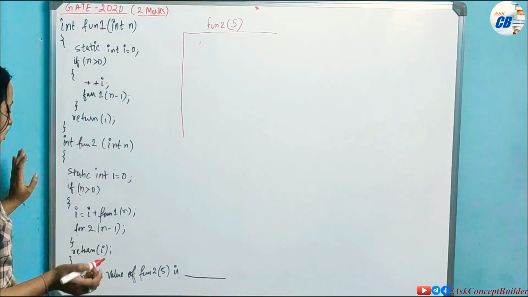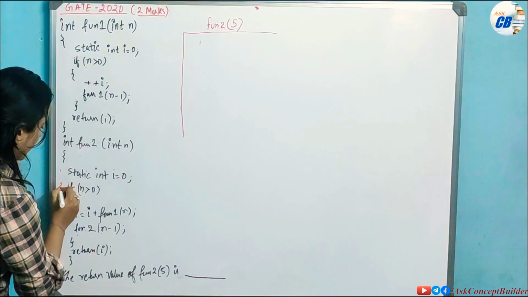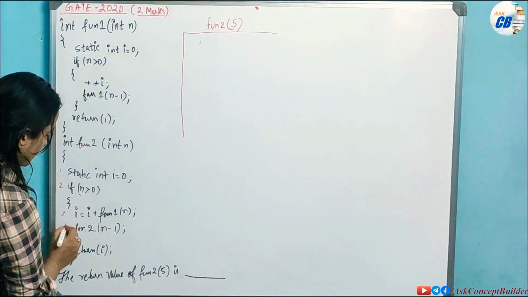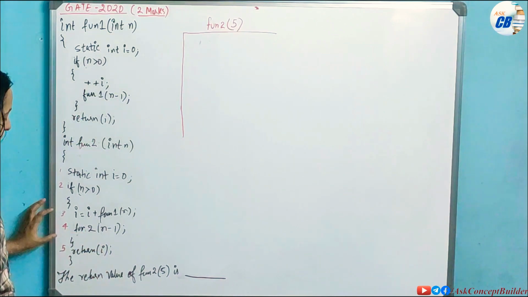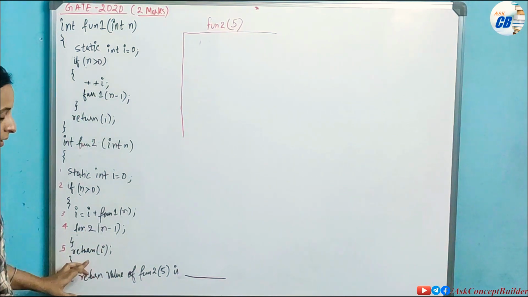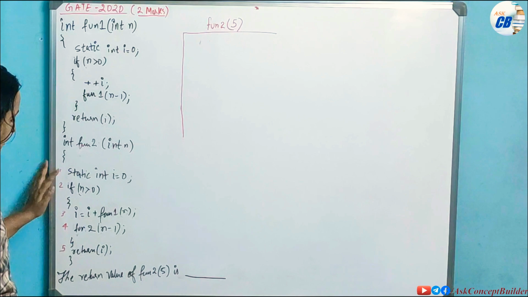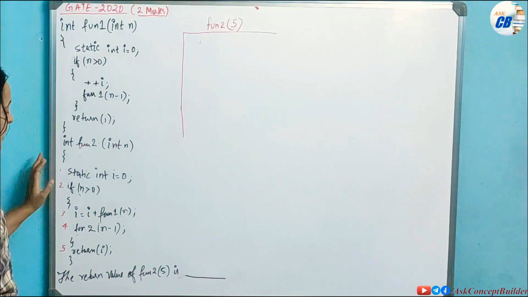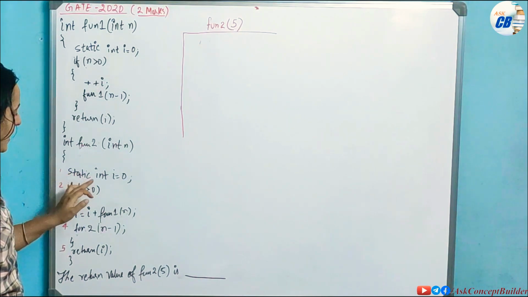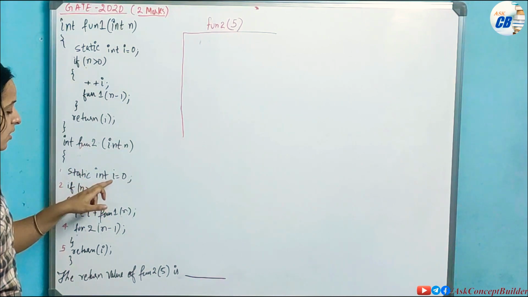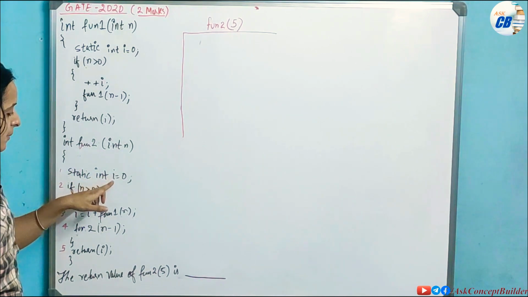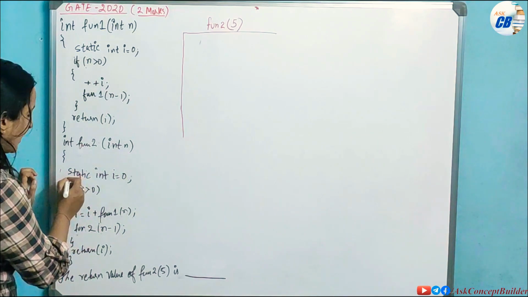I always tell you that we have to first of all mark the steps, how many statements are there in your function, so that when you execute all the statements, then this function will be completed. So it is having 1 2 3 4 5 statements. First statement is static int i equals 0. It is initializing a variable i with the value 0, and this is of static type.